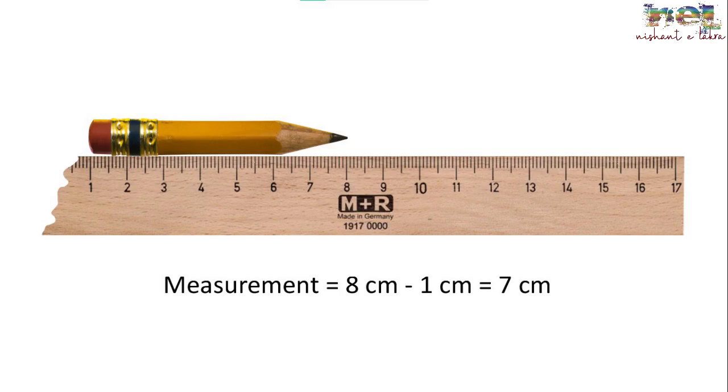And after you have measured the length of the object, you have to subtract 1 centimeter from the total reading that you have obtained by reading the right hand side of the scale. Whatever measurement you have got, subtract 1 centimeter from that. On your screen you can see the correct placement of a scale having a damaged zero mark, and these are the 3 precautions that have to be taken for a correct measurement on a scale.